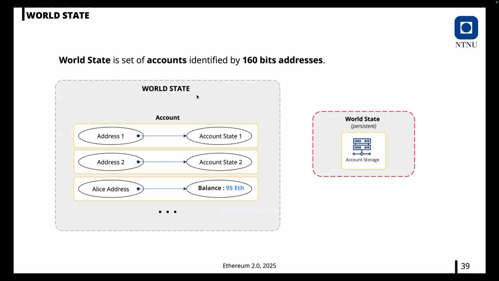So if I have addresses, they represent a certain state of those addresses. And if I have Ali's address, the world state for Ali's address is just the balance, right? For the addresses which are not owned by a human, they represent some variables and the balance. But for addresses which are owned by humans, they only represent balance.